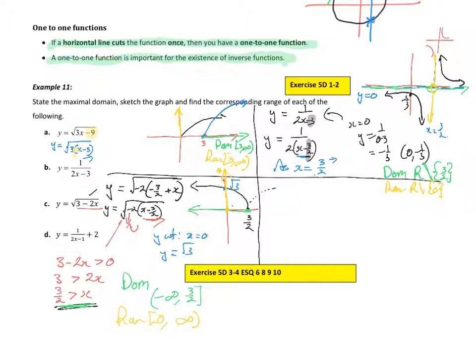Question 4. What are we doing there? We've got y equals 1 over 2x minus 1, plus 2. Let's again write it as 1 over 2 times x minus a half, plus 2. So we can see the movement that's happened here.